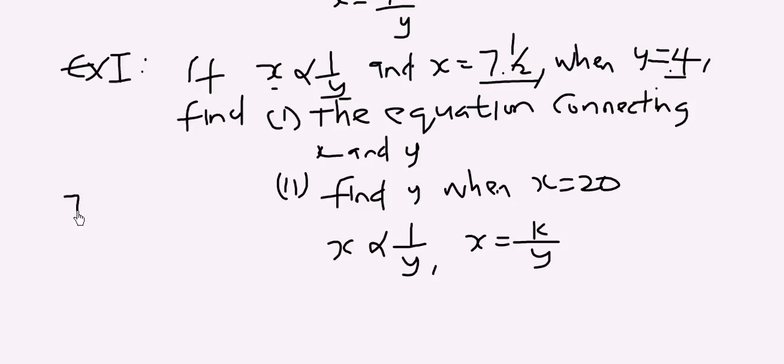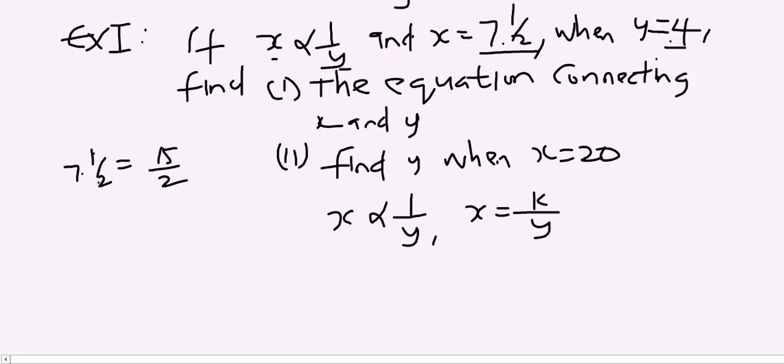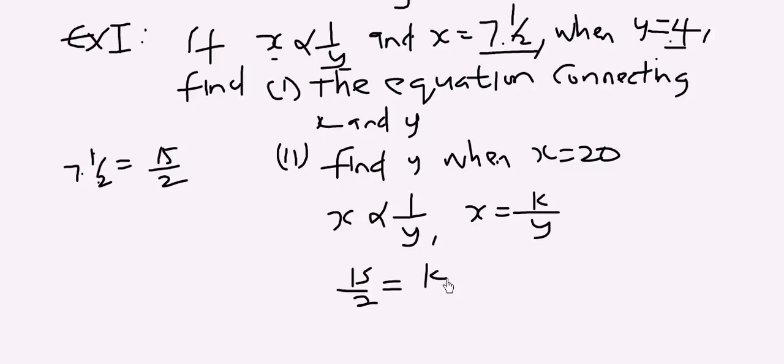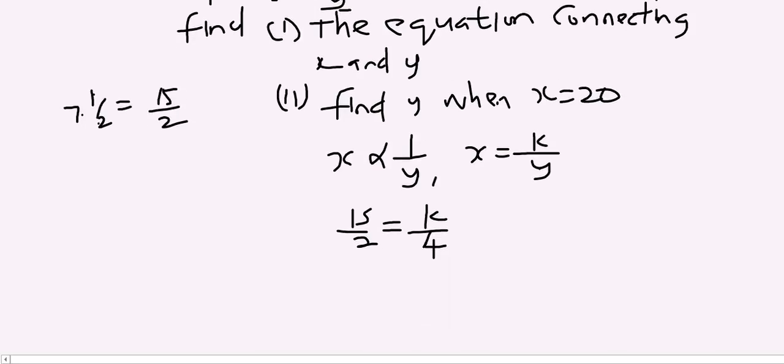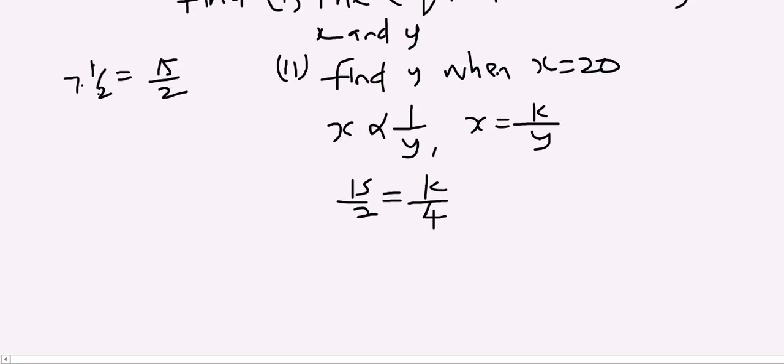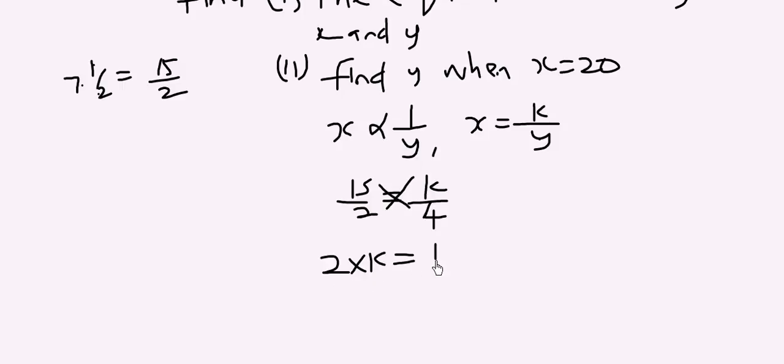7 1/2 is the same thing as 2 times 7, 14, plus 1, that's 15 over 2. So x is actually 15 over 2. So we can say 15 over 2 is equal to k over 4. In place of y here, I put 4. If I cross multiply, I have 2 times k is equal to 15 times 4.